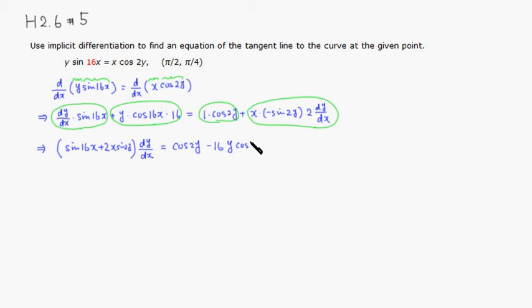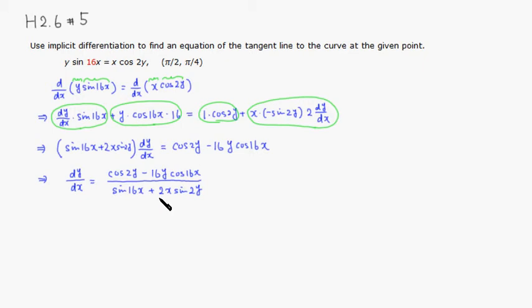Then we can divide both sides through by sine of 16x plus 2x sine of 2y and isolate dy over dx, which is equal to cosine of 2y minus 16y cosine of 16x, all over sine of 16x plus 2x sine of 2y.